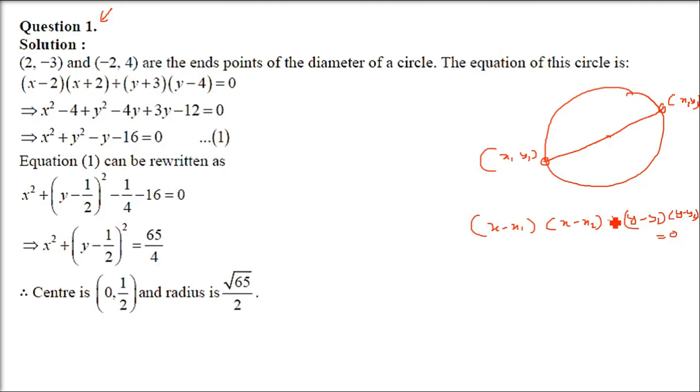This is the equation of the circle. All these questions that are coming can be solved with this equation.